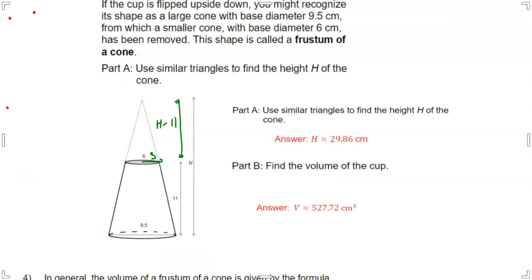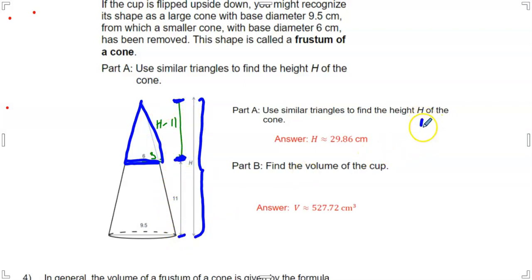Now, we want to try this question using similar triangles to find the height h of the cone. If you look at the height h, we are going to divide the height h by the smaller height of the top of the frustum, which is h minus 11, because from here to there is 11.